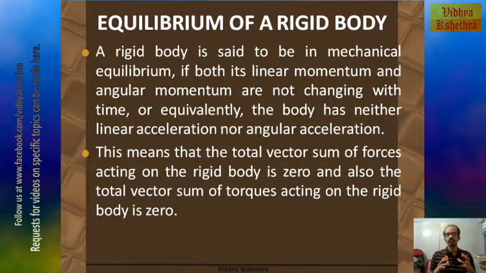This means that the total vector sum of forces acting on the rigid body is 0, and also the total vector sum of torques acting on the rigid body is 0. That is, the rigid body is stationary.